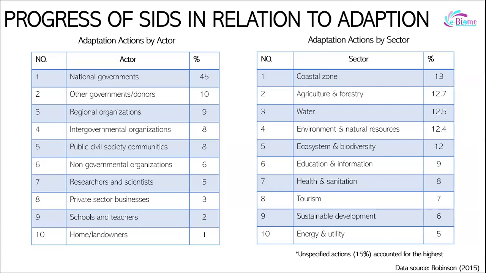And when we look at adaptations by sector, we realize that there is an even spread of the different sectors in coming up with various adaptation actions. If you realize on the screen, you have coastal zone, agriculture and forestry, water, environment and natural resources, ecosystem and biodiversity. So there's an even spread.